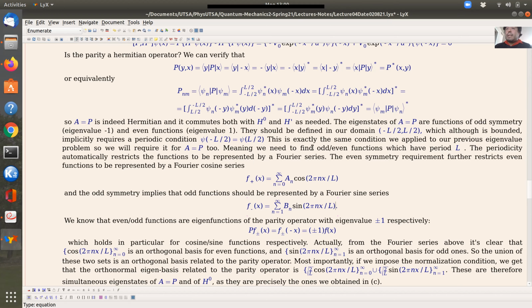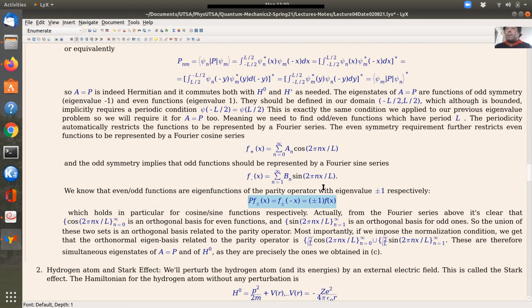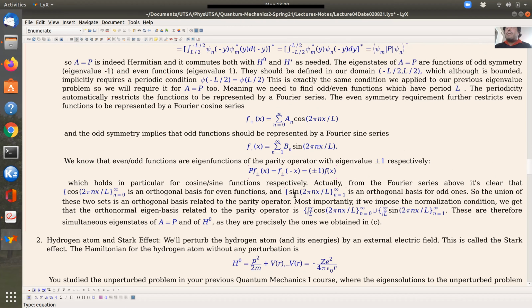This comes out of the previous combination of Fourier representation due to periodicity, using only cosine or only sine. Even and odd functions are, of course, eigenfunctions of the parity operator with eigenvalue plus or minus one. This is what I meant earlier when I was a little hand wavy. The parity operator acting on a function, either even or odd, gives the function evaluated at minus x, with plus or minus depending on the symmetry. And we know this holds for cosine and sine because it's clear.